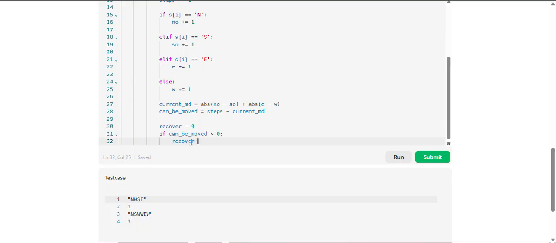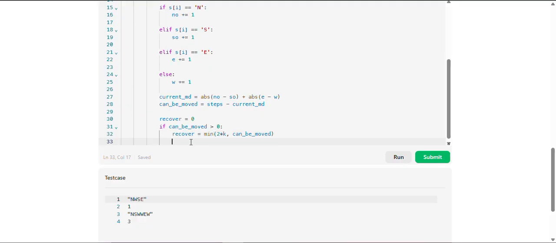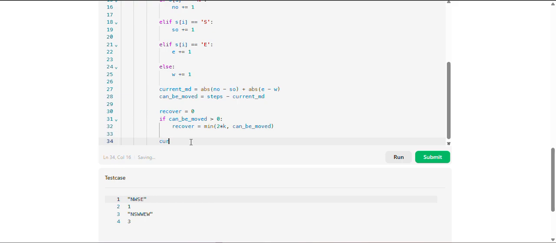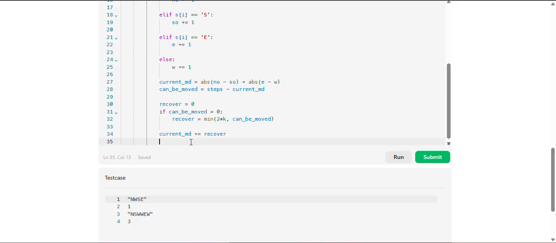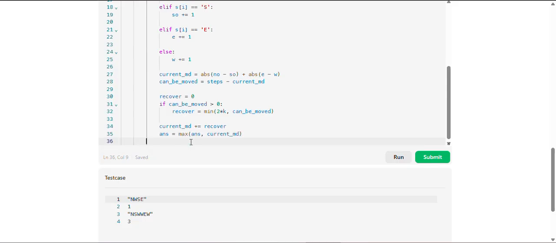It would be the minimum of 2 into k and how much can be moved. Okay, and obviously my current Manhattan distance would be incremented by how much I can recover more, and my answer would be the maximum of the answer and the current Manhattan distance. I would obviously return the answer over here.